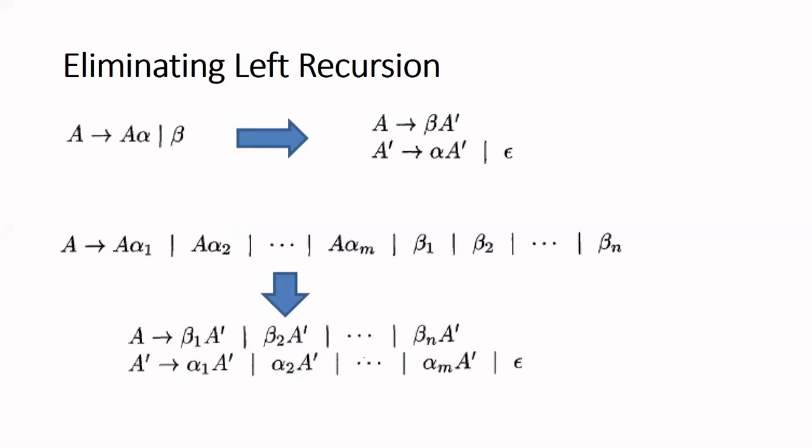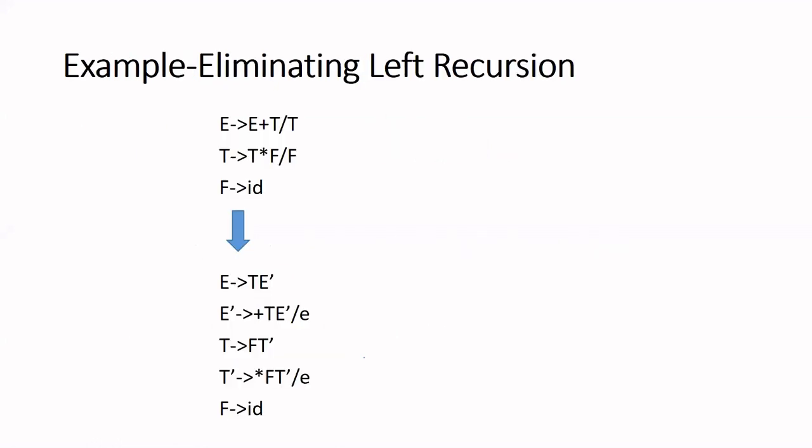You had A derives A alpha or beta. Now you have to group which is alpha and which is beta. Which is A, which is alpha and which is beta?